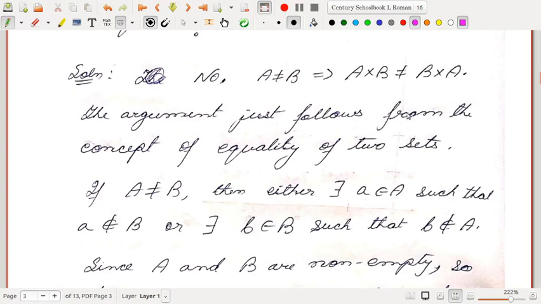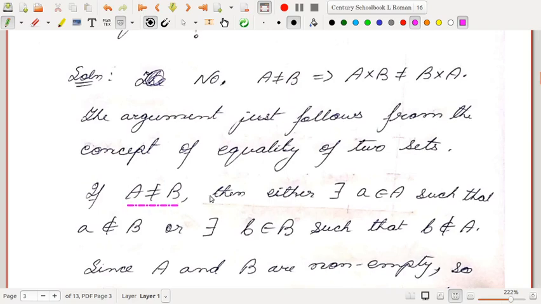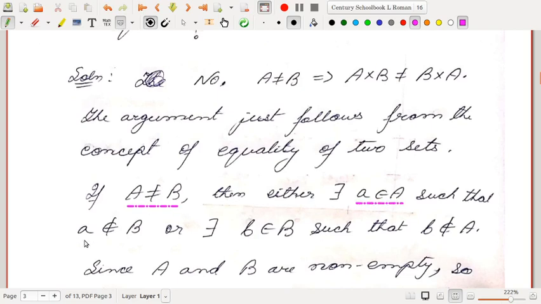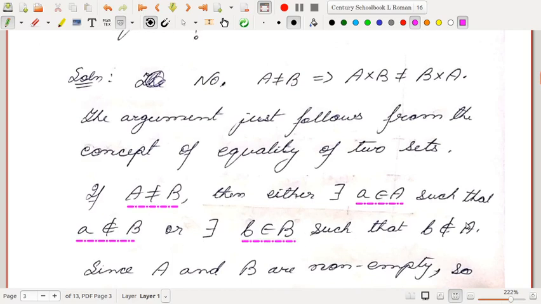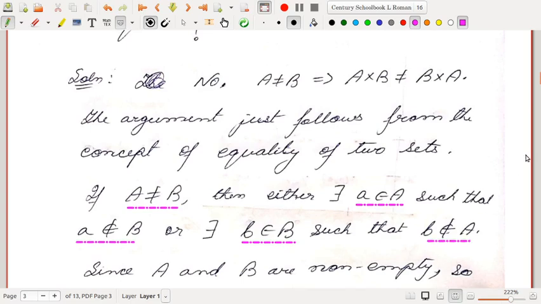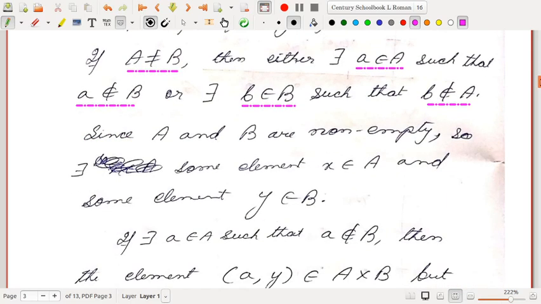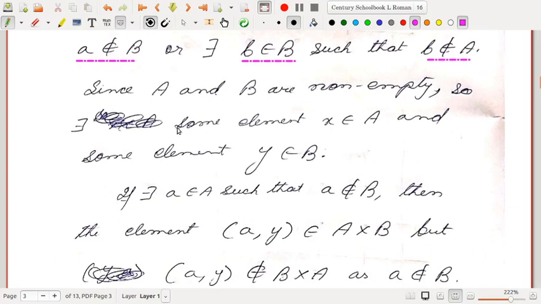So if A is not equal to B, then either there exists an element a inside A such that a is not inside B, or there exists an element b inside B such that b is not inside A. But since A and B are non-empty sets, there exists some element x inside A and some element y inside B.